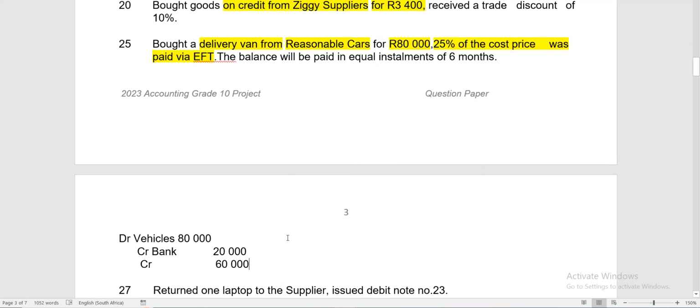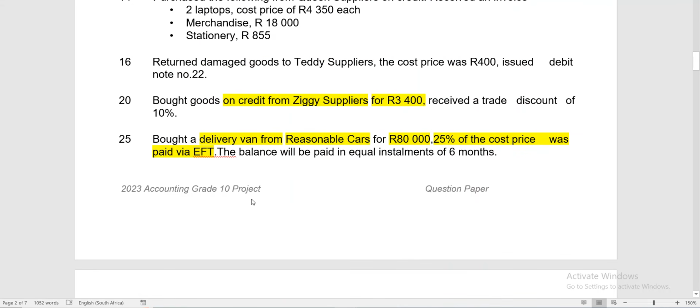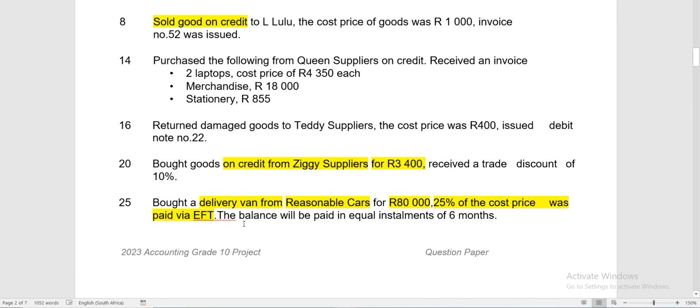When you go to your vehicles, the total will give you 80,000, but we need to explain how this was bought. Only a small portion was bought on cash, so we can't record 80,000 in the creditors journal. We've calculated it, and they're saying that the balance should be paid in installments of 6 months. So the remaining balance will be paid in 6 months.